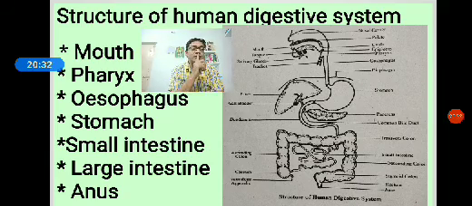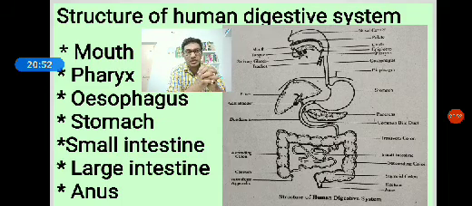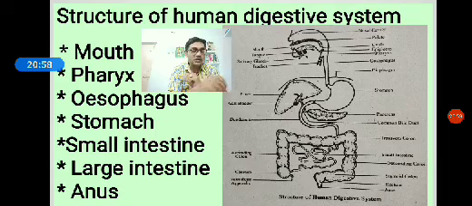From this middle portion, 2 plus 1 plus 2 plus 3 is 8, 8 plus 8 is 16, 16 plus 16 is 32. The normal adult human being has a set of 32 teeth.